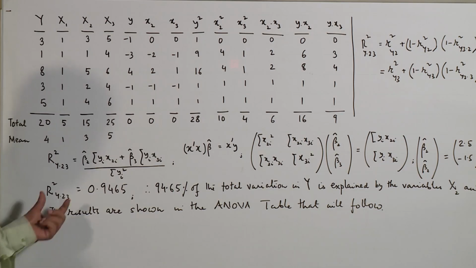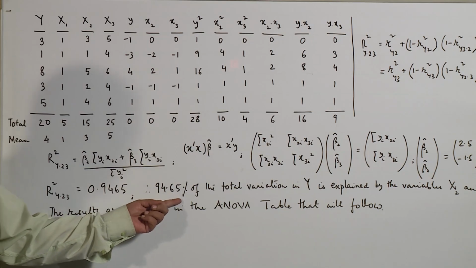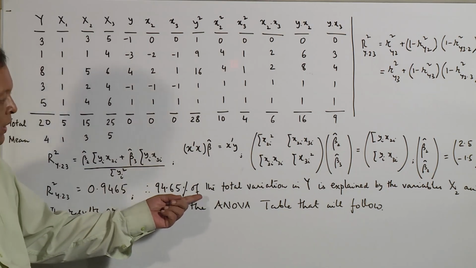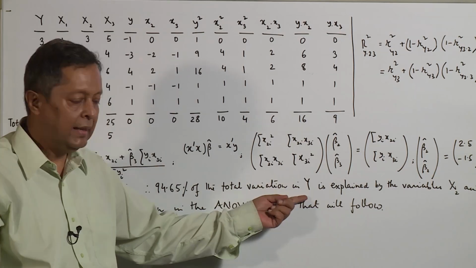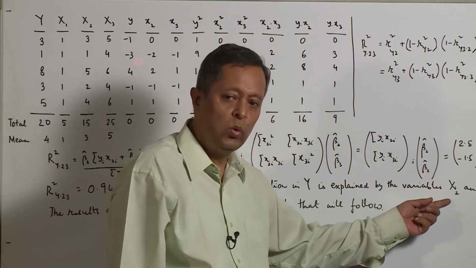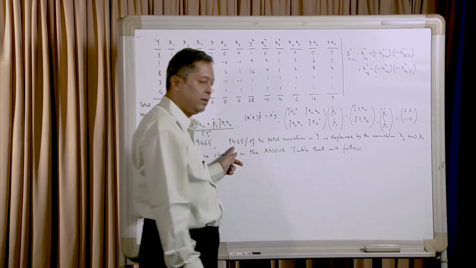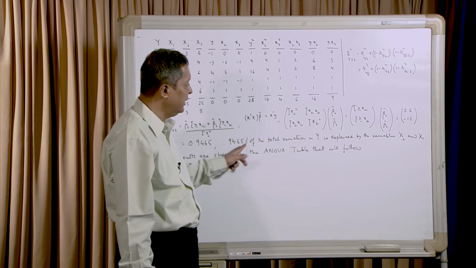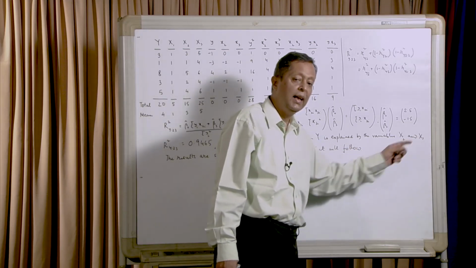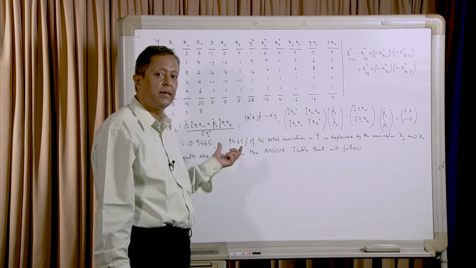0.9465. So, what is the interpretation of this? It means that 94.65% of the total variation in y is explained by the variables x2 and x3. And the balance, you might have guessed already, is the residual sum of squares.